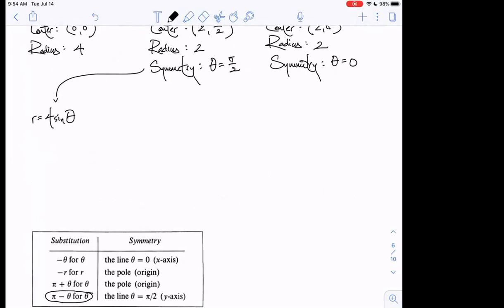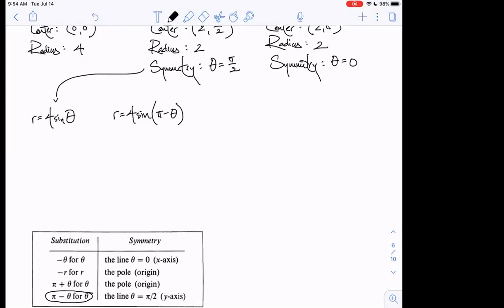So let's see what happens. If we substitute, we keep the 4, but instead of sine theta, we put sine of pi minus theta. That's the rule of symmetry, the substitution we can use. So let's see if we expand this algebraically, can we match these two equations? Because if we can, then we know that symmetry is true.